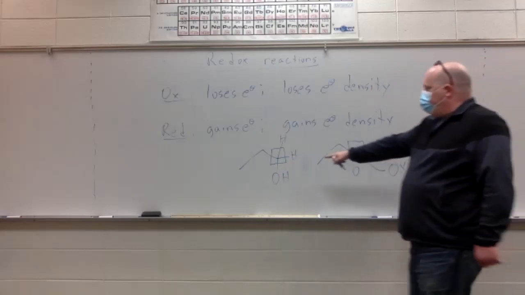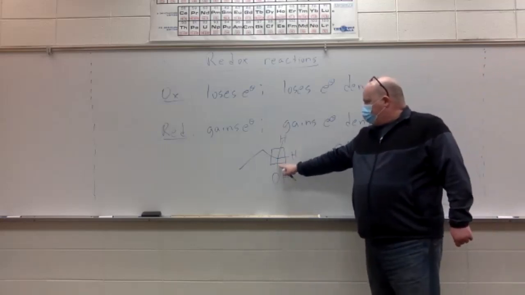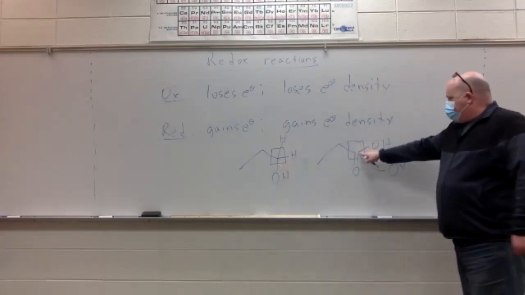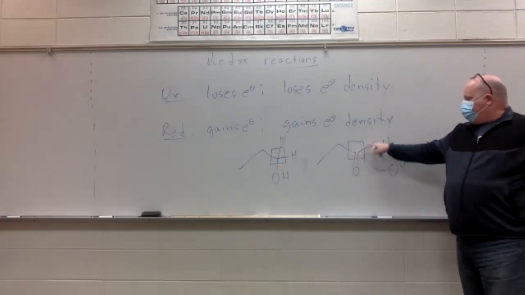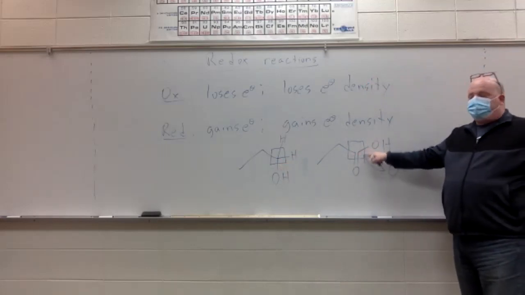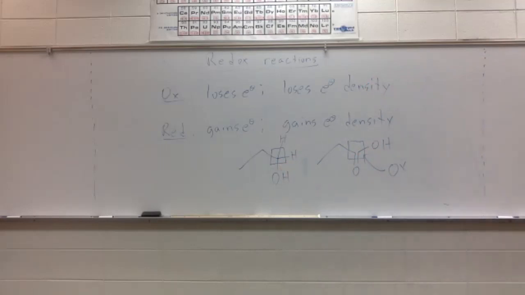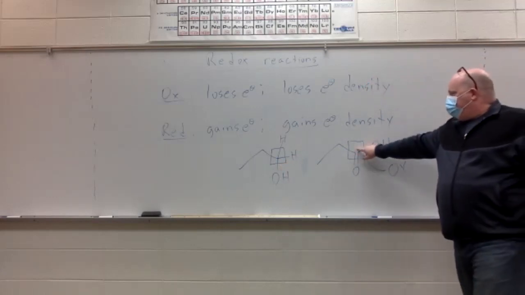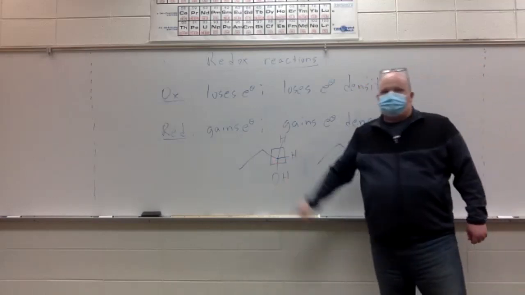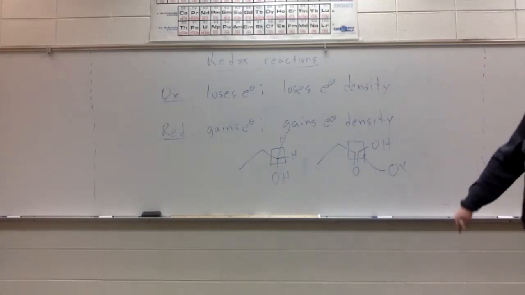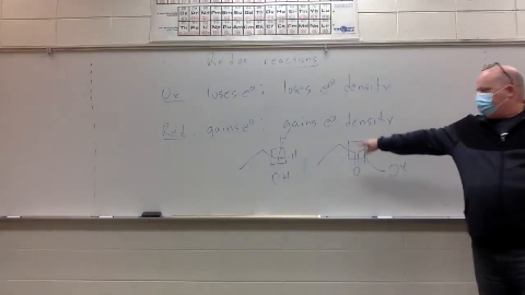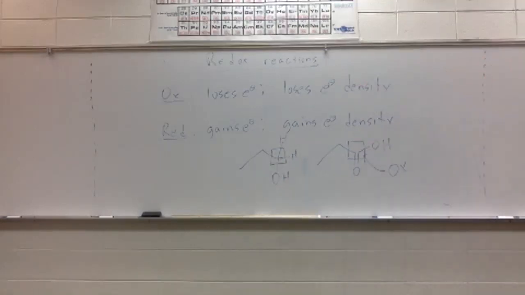So it's only losing its hold on this 1 pair. This carbon, however, has 1, 2, 3 bonds, 3 pairs of electrons that it's kind of fighting with oxygen over, right? So the electron density on this carbon is lower than it is over there. So we would say this is a more oxidized carbon than that other one is.